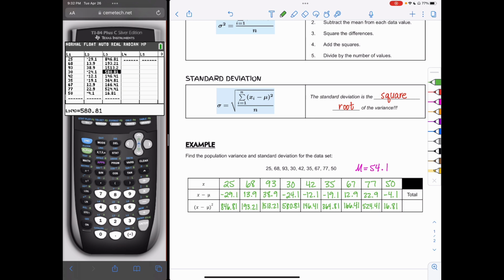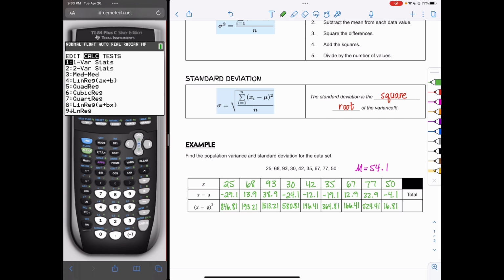So once I do that, all I have to do is find the total number, which means I can just add all of those up, or I can work smarter, not harder, and just go to stat, and go over to calculate and one variable statistics. But I only want to find the sum of that last column, which was L3, and then I can go down here to calculate, and you will see that the second line has the sum of x basically, and the x values came from L3.